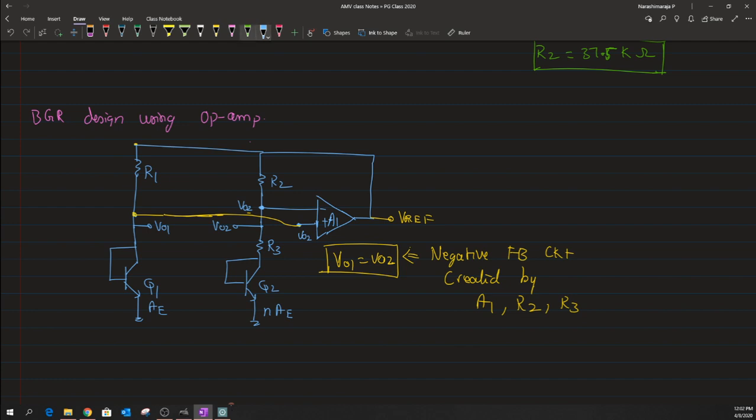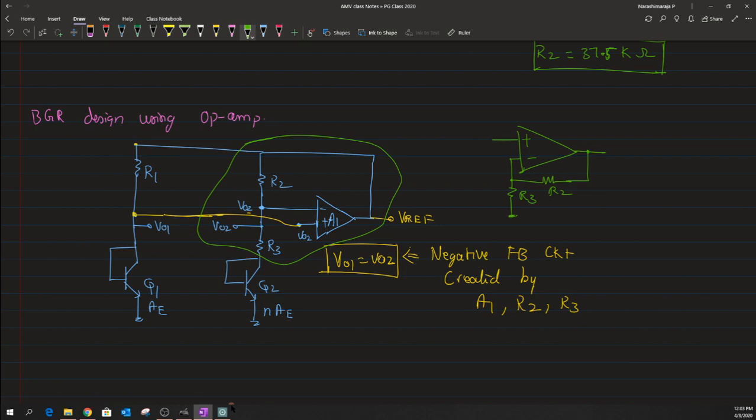So now the combination of this op amp, R3 and R2 is just a kind of negative feedback circuit. When we look carefully, one could see that there exists a negative feedback through the combination of R3 and R2, where R2 is tapped between the output and the negative input terminal.